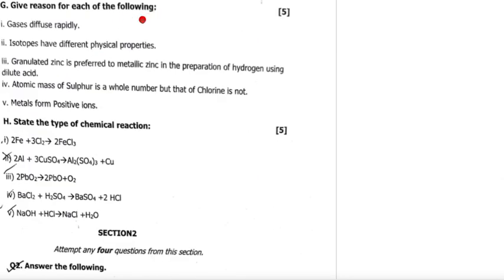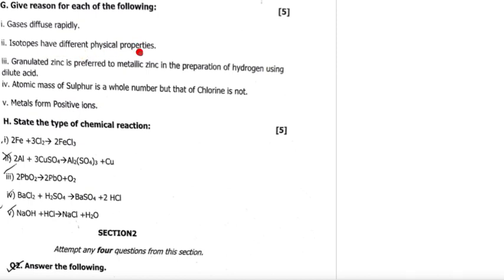Give reasons for the following. Gases diffuse rapidly. Now, why do they diffuse rapidly? Because they have large intermolecular spaces between them. So it becomes easier for them to diffuse. Isotopes have different physical properties.